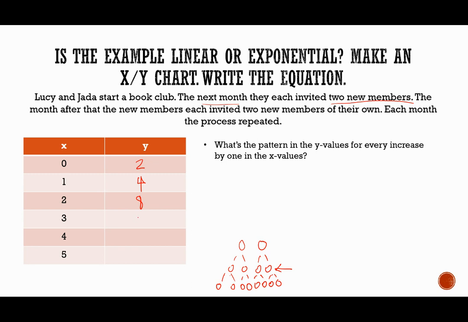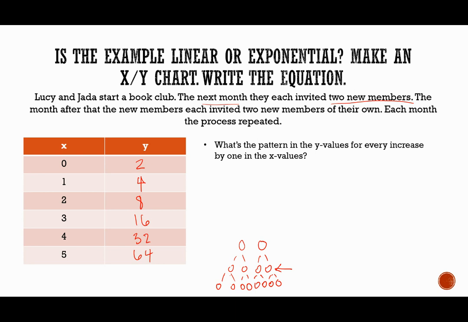And so we'll say this would be 8, 16, 32, and then 64. Okay, so that's representing how many new members there are.